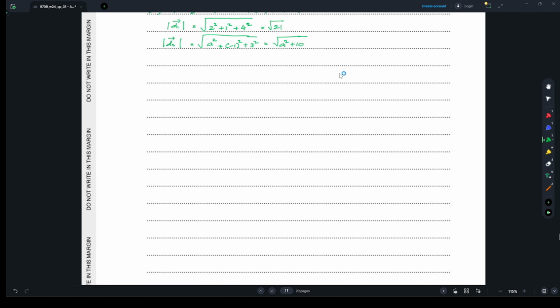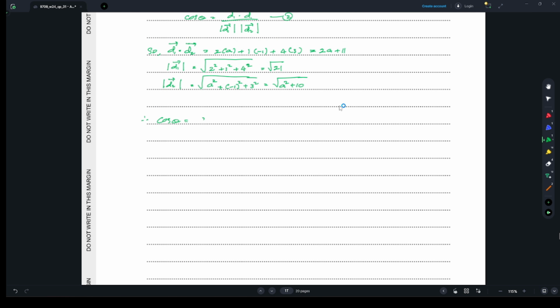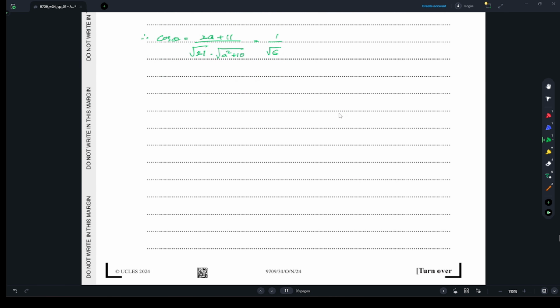Okay, therefore now you can apply cos theta equals, we had this one, 2A plus 11 divided by root 21 times root A squared plus 10 equals 1 over root 6. So we can cross multiply them.